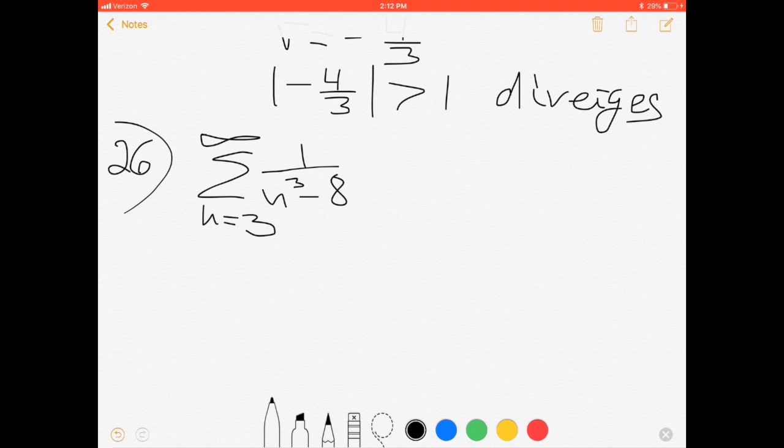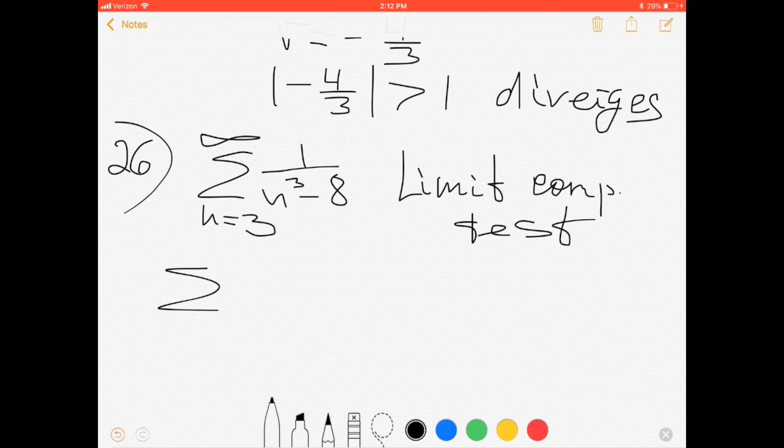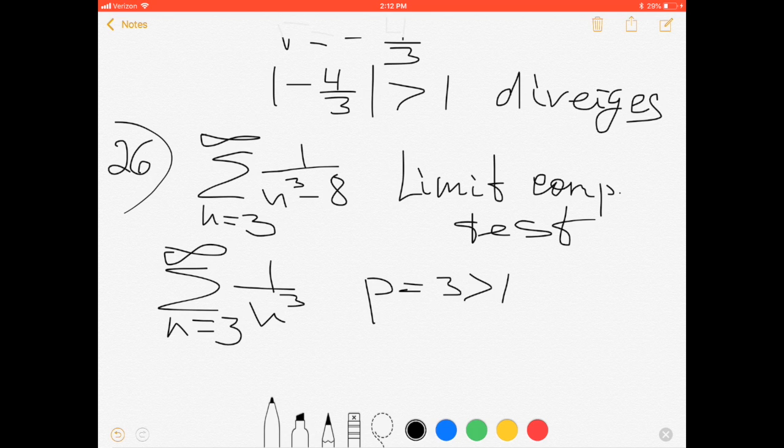I think here it is better to use limit comparison test for series 1 over n cubed. This is p series with p equal 3 greater than 1, converges.